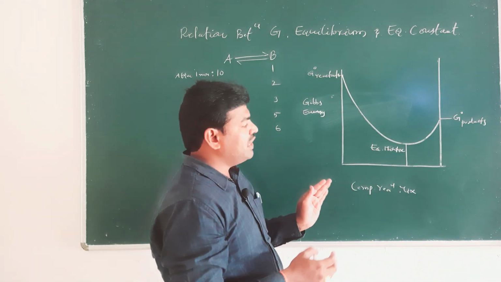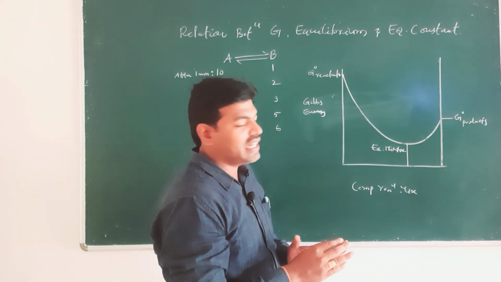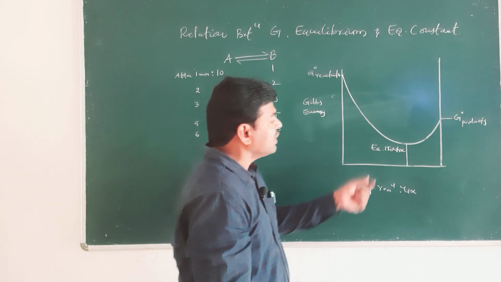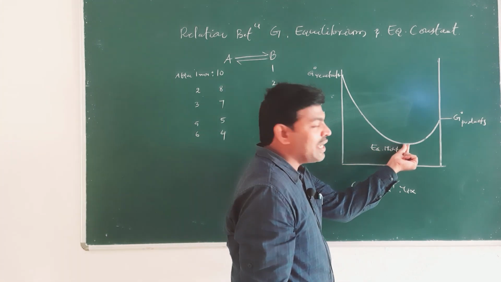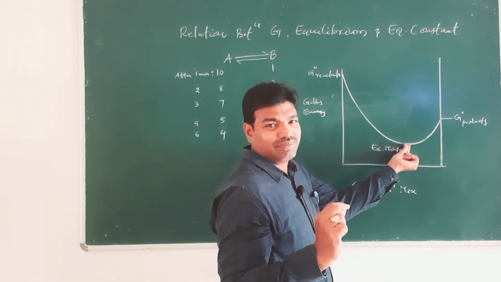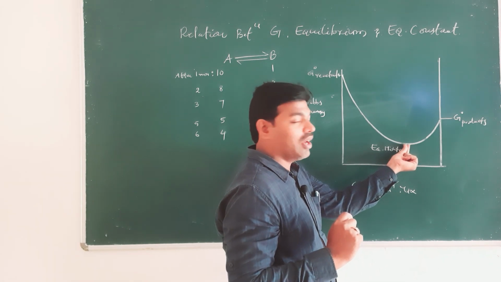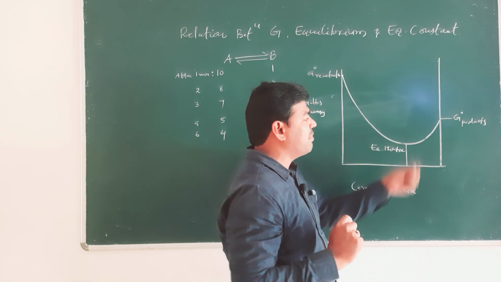When the composition of the reaction mixture becomes constant, the Gibbs energy reaches a minimum value.